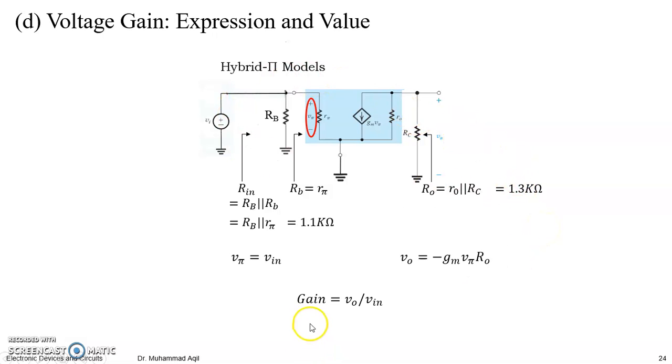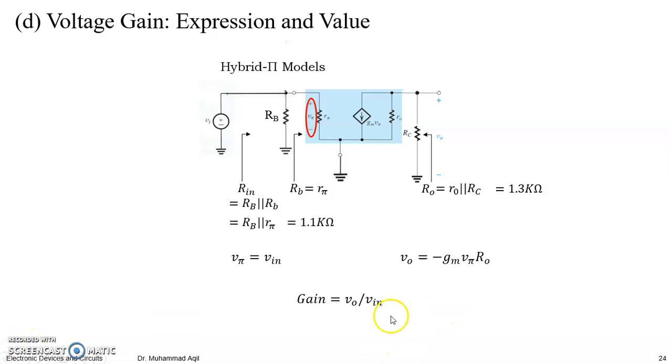So how about the gain? We know that the gain is equal to the output divided by the input. So you are interested in finding the voltage gain, which would be the output voltage divided by the input voltage. If you were interested in current gain, it would be output current divided by input current. Power gain, output power divided by input power.